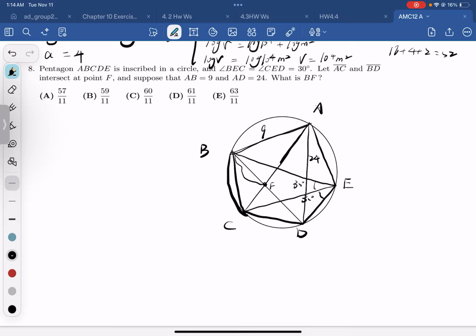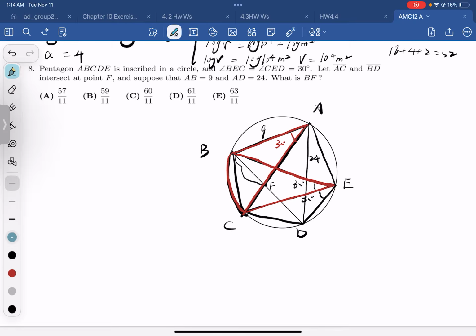I'm doing it in red to make it more significant to see. Angles BAC and BEC correspond to the same arc, which means they are the same angle degree, which is 30 degrees.